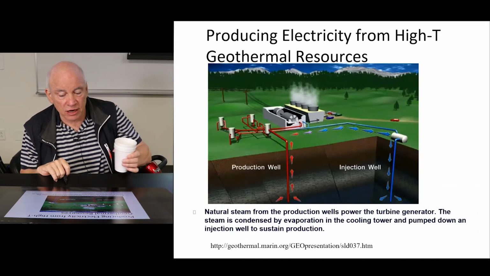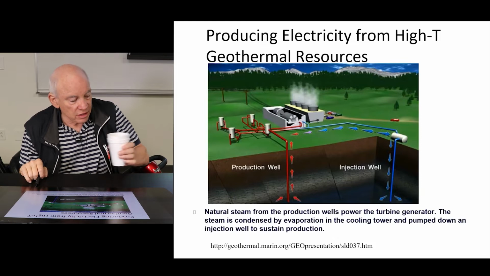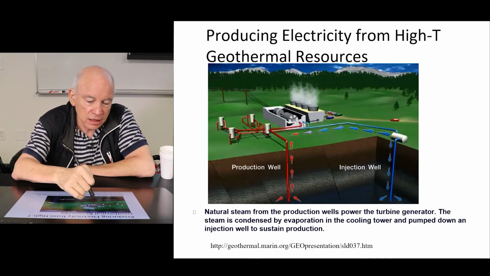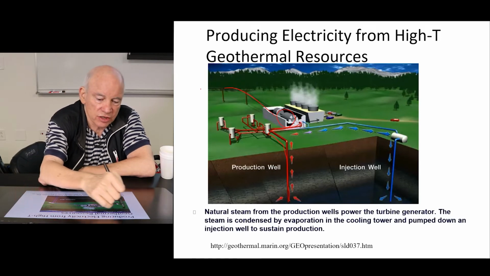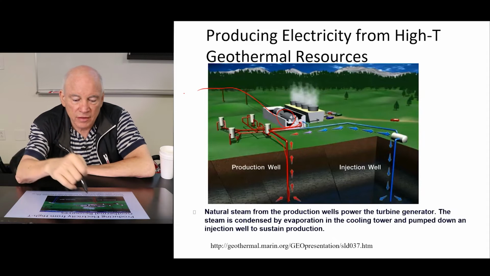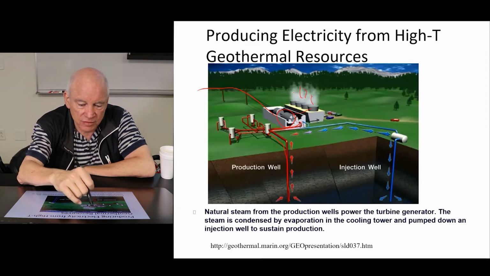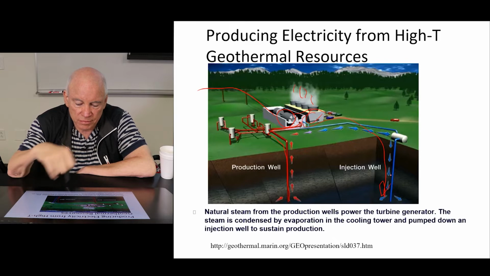All right, so here's how we do it. Once we decide we've got a good place, we have a production well where we take the hot water up and we use it to drive the turbines and generate electricity, which goes off to the city. And then we condense the steam. You see these cooling towers where the water is cooling, and then we pump that back in the ground in an injection well.